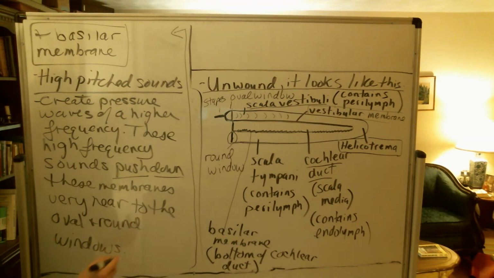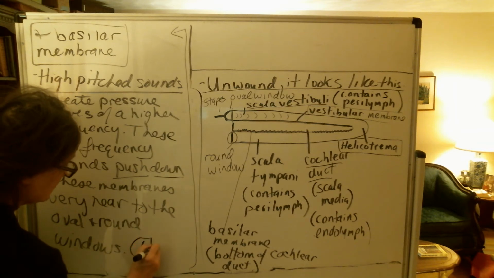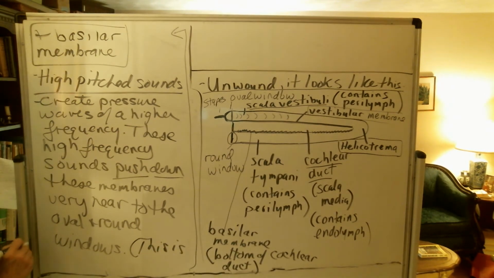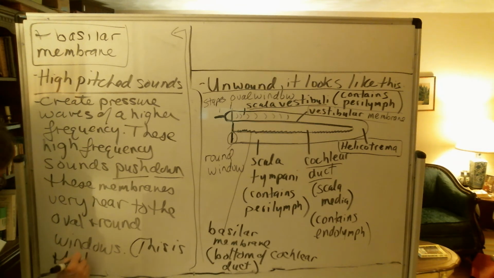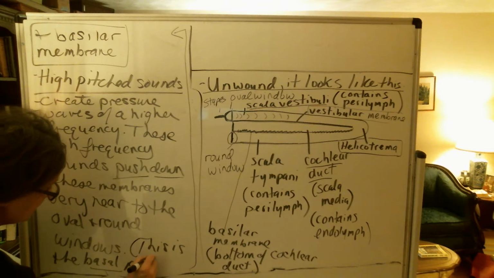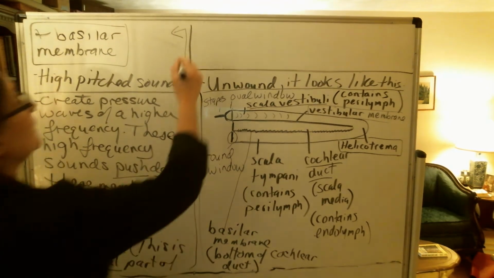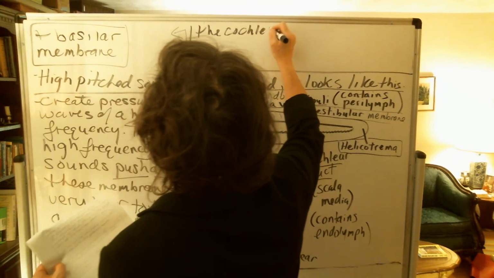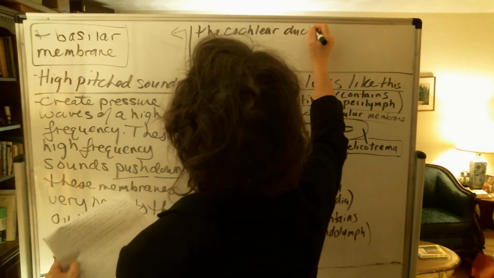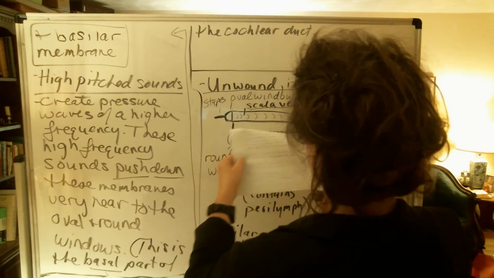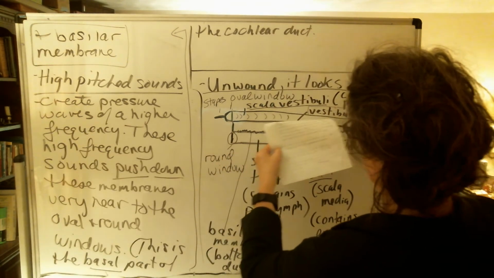So this, near the oval and round windows, I'm just going to say this is the basal part of the cochlear duct, so near the base here.